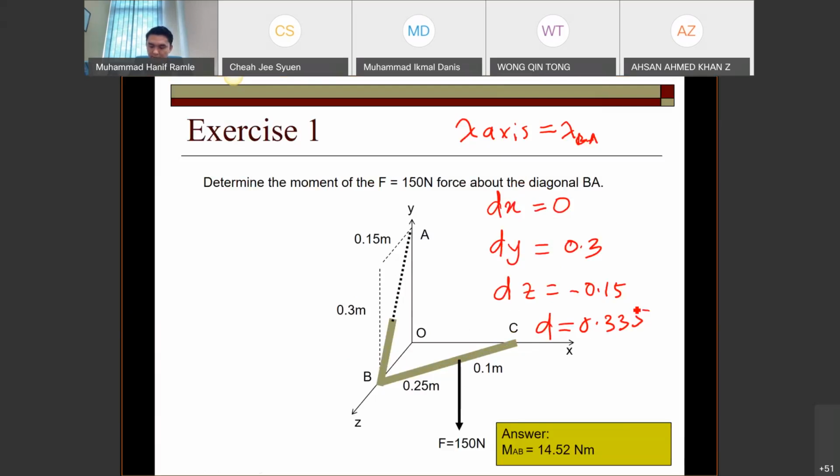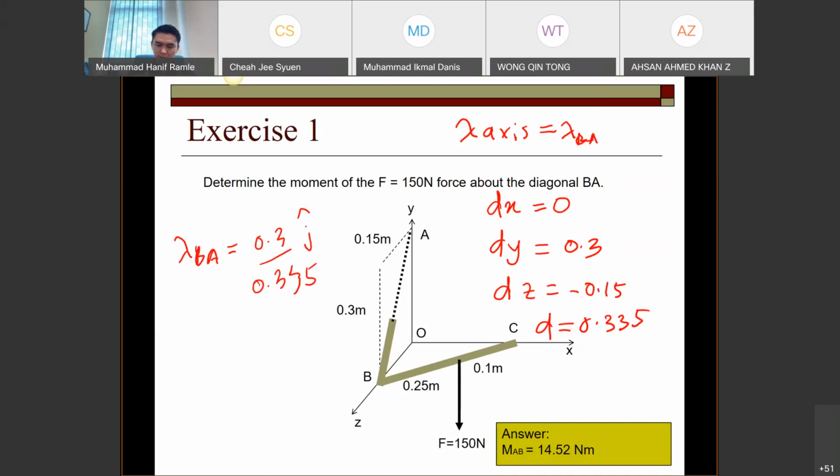0.335. Okay, everyone, please check the answer. Do you get the same answer? Yes, doctor. Same. Okay, great. So you have to substitute into the equation. So we do have two components only. 0.335, this one is j.